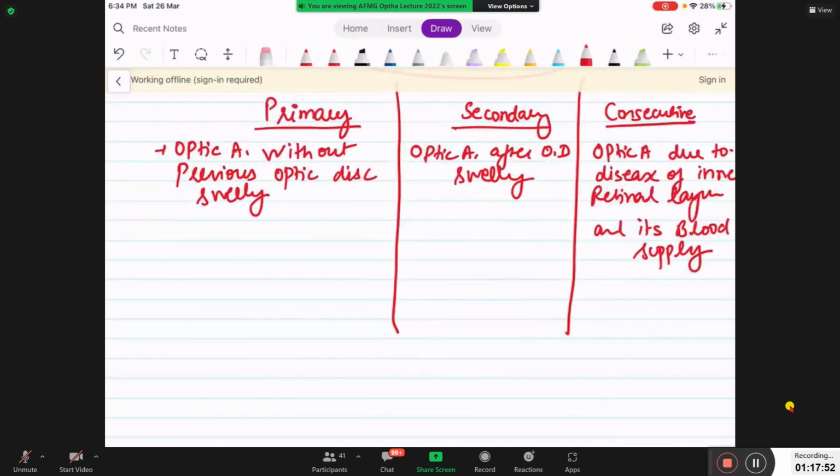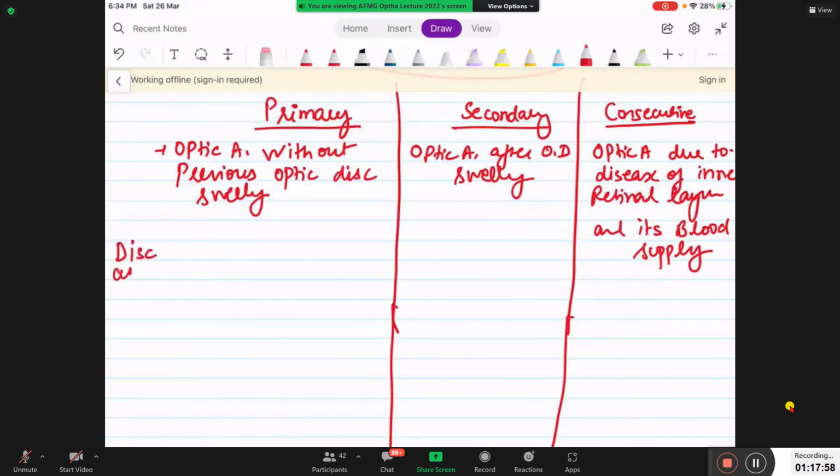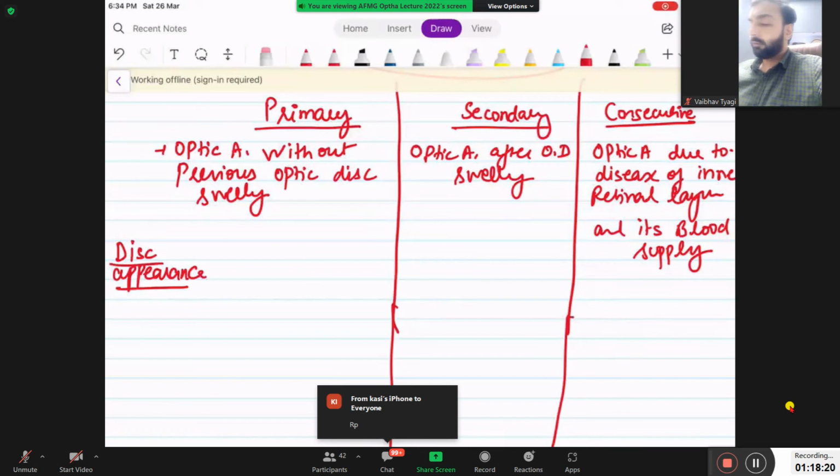Now, next important point in optic atrophy, write down, is about your optic disc appearance. Can you tell me where we have studied waxy pallor optic disc? In which pathology in retina have we discussed waxy pallor of the optic disc? CRA or no?